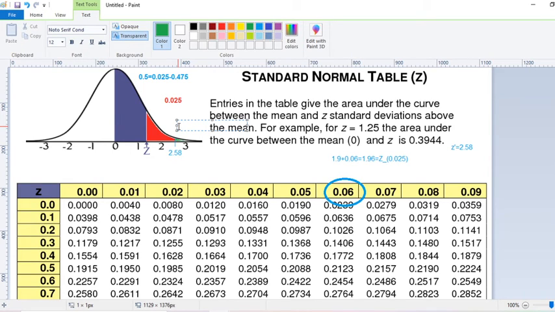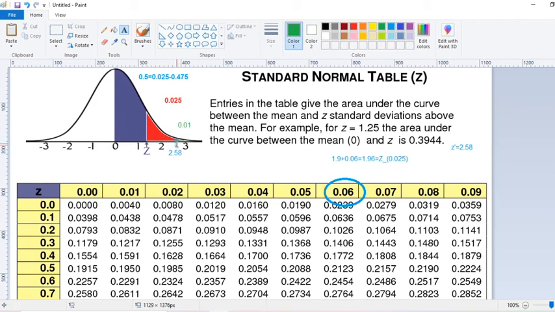That area is 0.01. So what is the inference we can draw? If the probability of mod z greater than z dash is equal to 0.01, that is equivalent to saying that the calculated z dash lies in the rejection region.